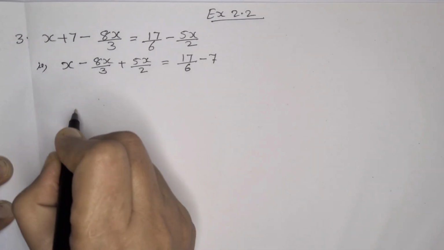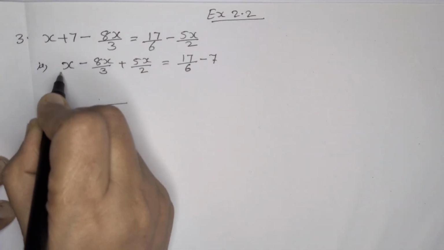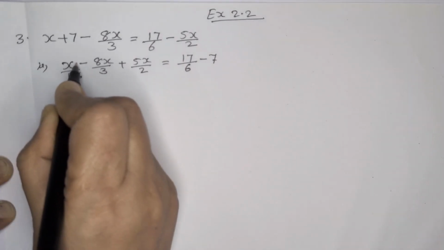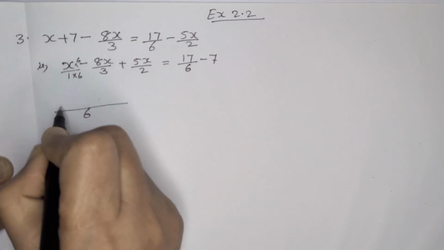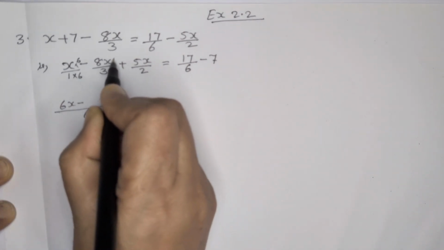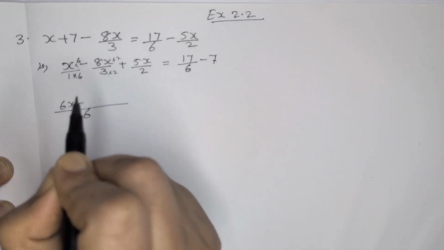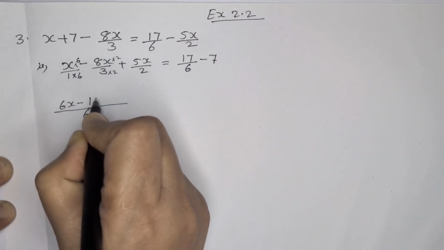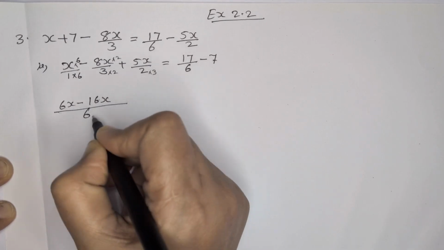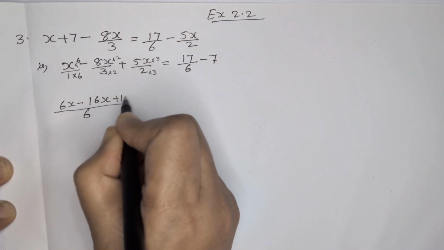That means 6 is the LCM. We can consider this x as x by 1, that into 6. So 6x minus 3 into 2, 3 into 2, 6. So here 8 into 2, 16x. Here 2 into 3 to make that as 6. Here also 3. So 15x.